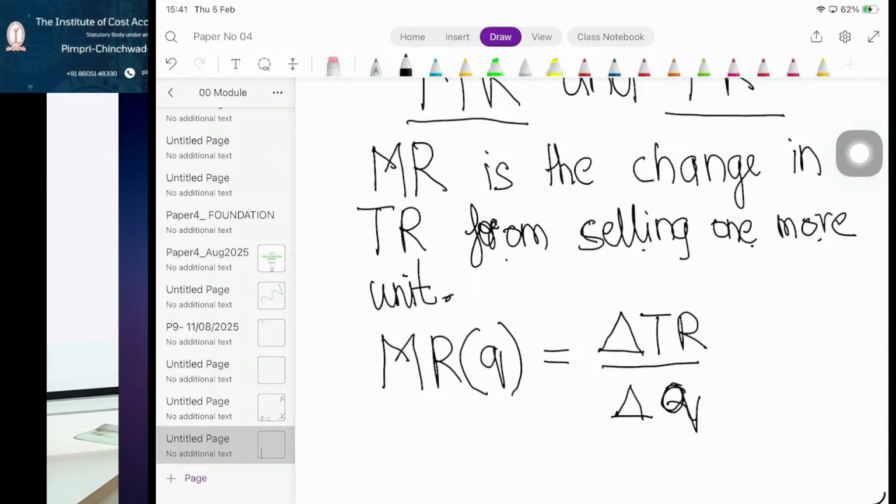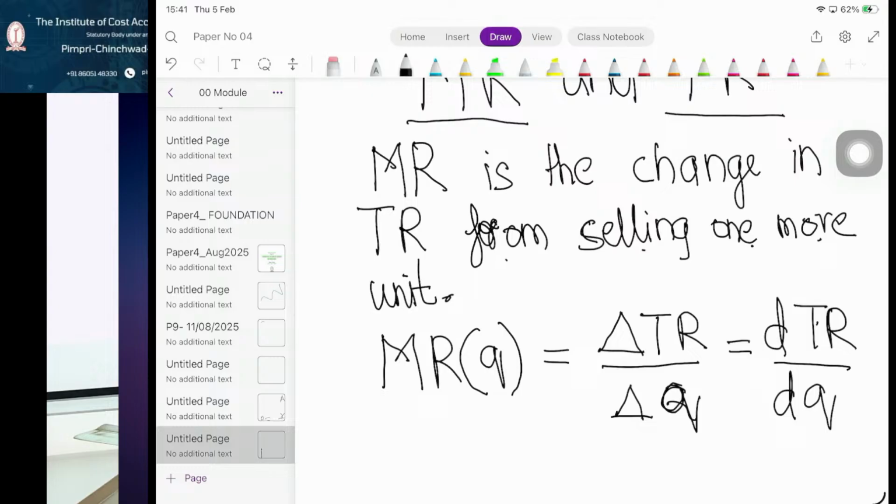Okay, and there is a calculus version of this which I'm not going to do right now, but remember this is the same as dTR by dQ. It is the first derivative of total revenue with respect to quantity.